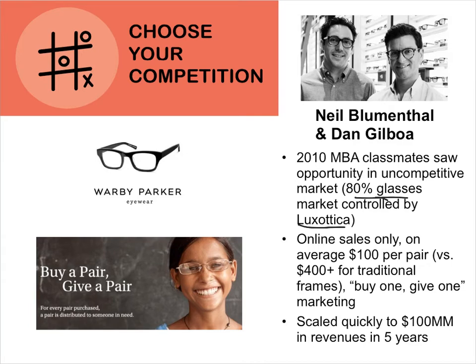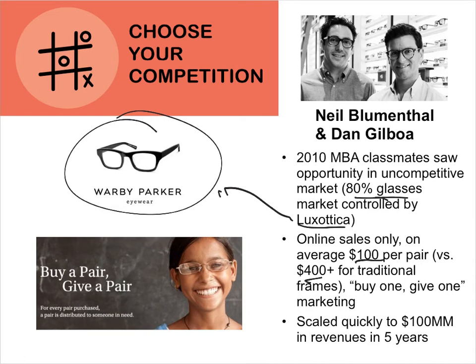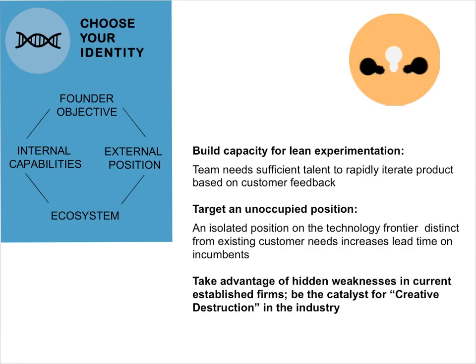Warby Parker had this idea: well, screw that, we'll just do this online, and we'll sell at $100 per pair instead of $400 a pair. Just come in with your prescription, and we'll ship it to you. They scaled quickly and were able to get significant inroads into that market, which hadn't been done before. Now, will Luxottica end up working out how to purchase these guys? I don't know. We will wait and see.